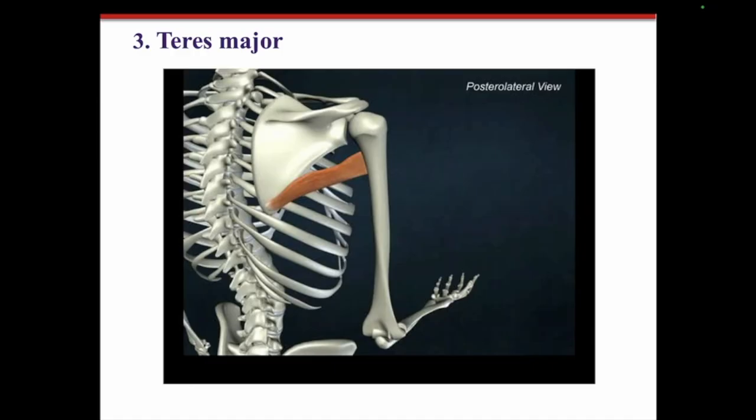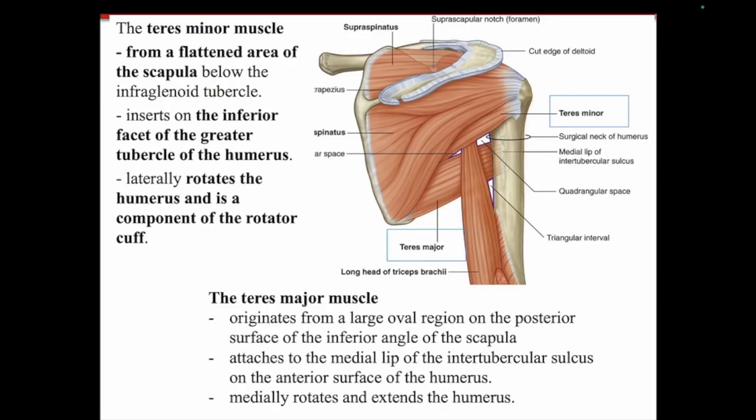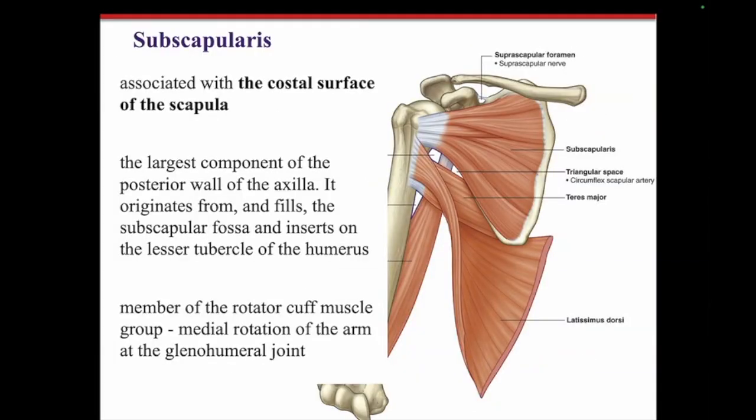The teres major comes from the tip of the shoulder blade, the scapula, whereas the teres minor is more to the side. The minor laterally rotates the humerus and is, don't forget, a component of the rotator cuff, whereas the major is a medial rotator and extensor of the humerus.